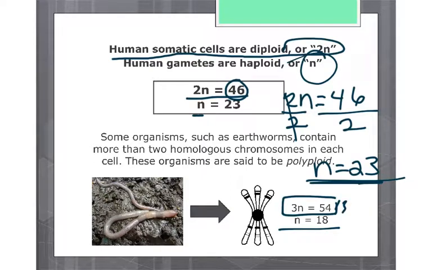I would get n equals 18. That value for this earthworm is telling me that the haploid is 18. So those are our sex gametes, where a regular somatic cell would have a triploid value, 3n equals 54.